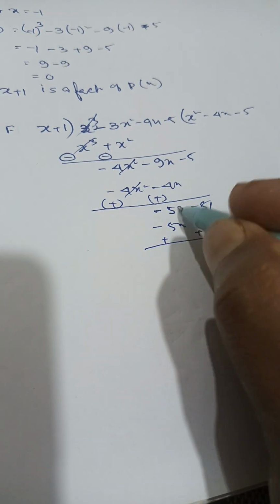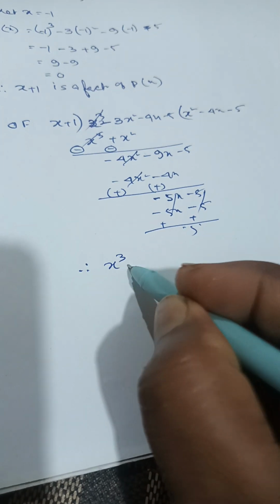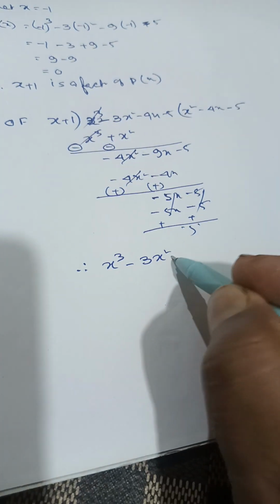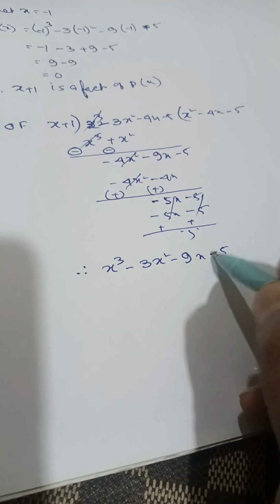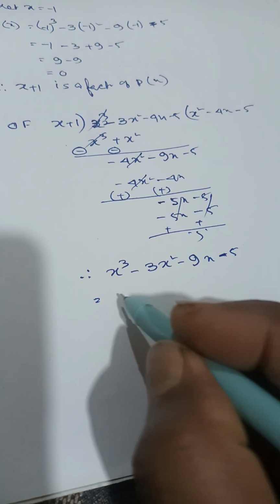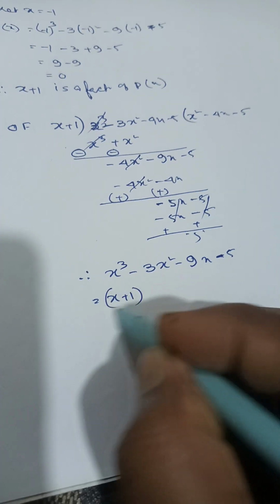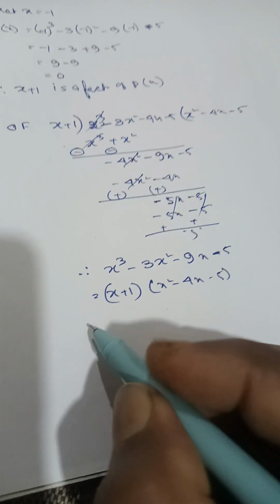Sign change, so these are cancelled. Therefore we can write x cube minus 3x square minus 9x minus 5 is equal to, here this into this. You write x plus 1 into x square minus 4x minus 5.